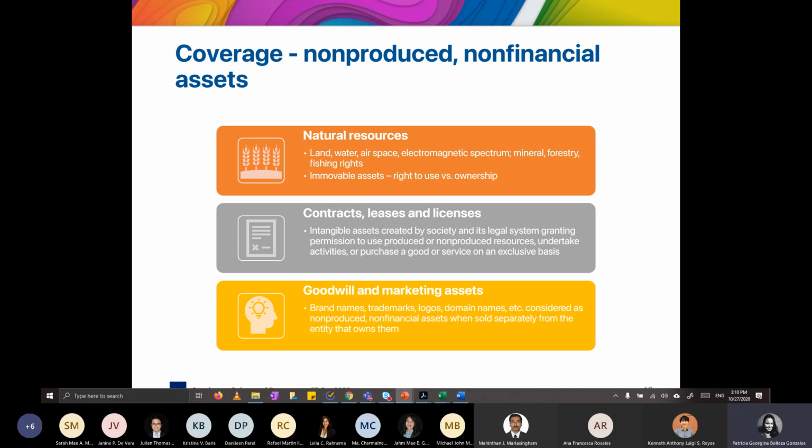A contract, lease, or license is an intangible asset created by society and its legal system, granting permission to use produced or non-produced resources, undertake activities, or purchase a good or service on an exclusive basis. Contracts, leases, and licenses can be applied to natural resources, as I segued here, but they can also be applied to produced resources.